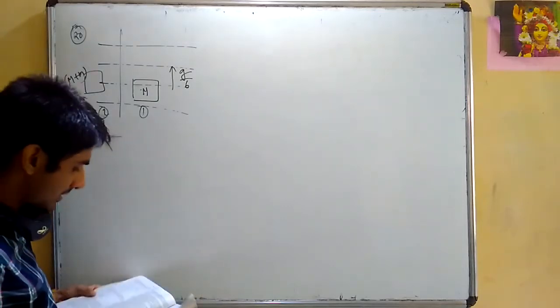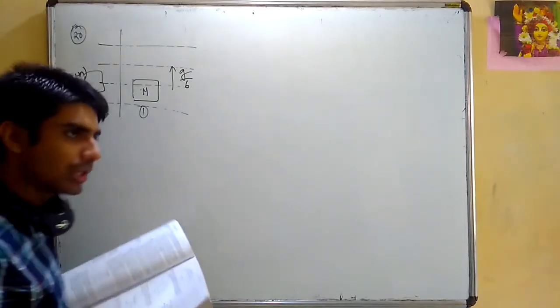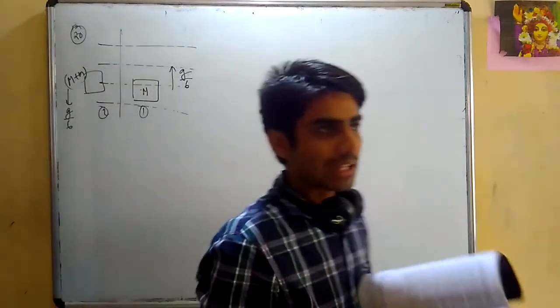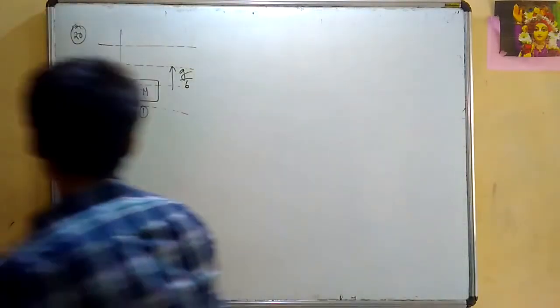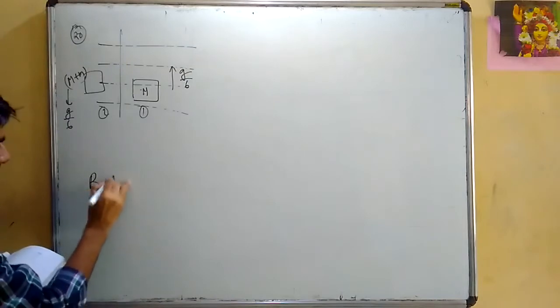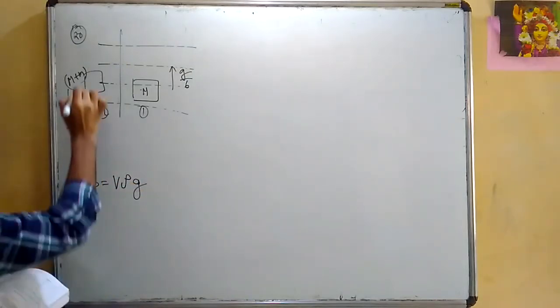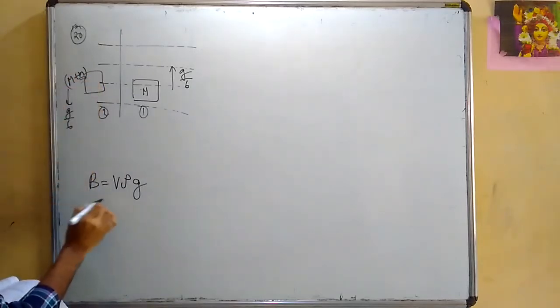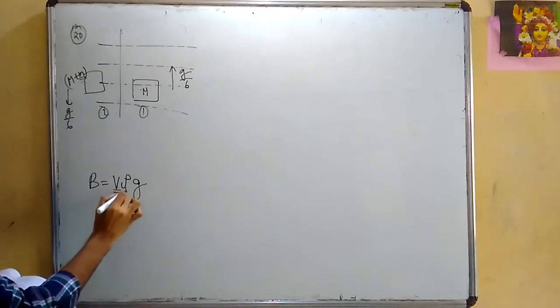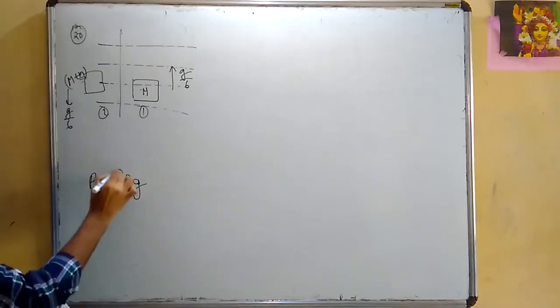See, actually the problem is, in the question there is no mention of buoyancy. Now if you carefully see, the force of buoyancy is V rho g, if you remember, V rho g. Now the mass m which is added will certainly change the volume? This rho is the density of liquid, so there is no confusion, but the only confusion is volume.